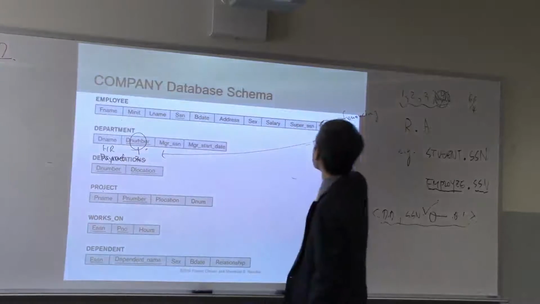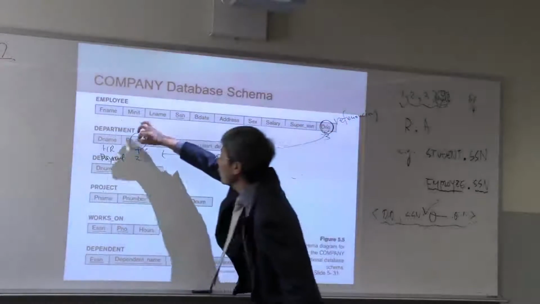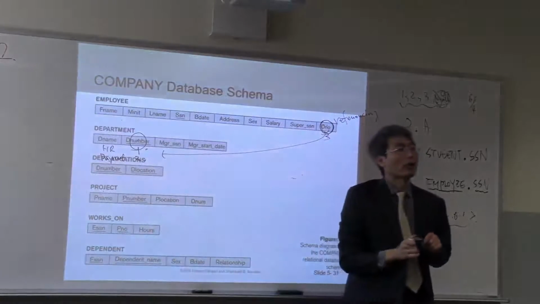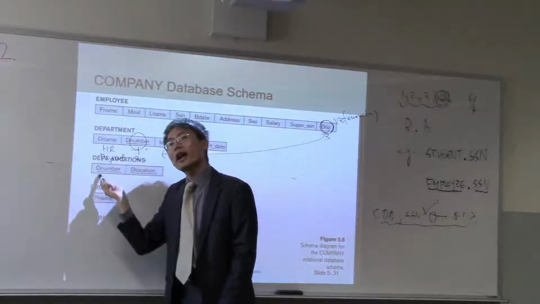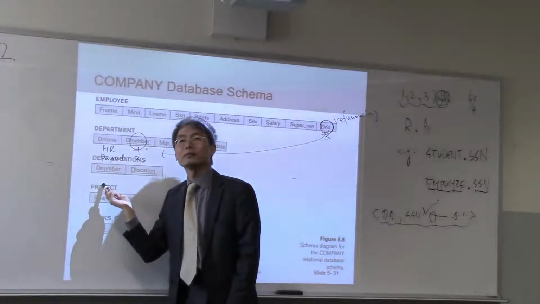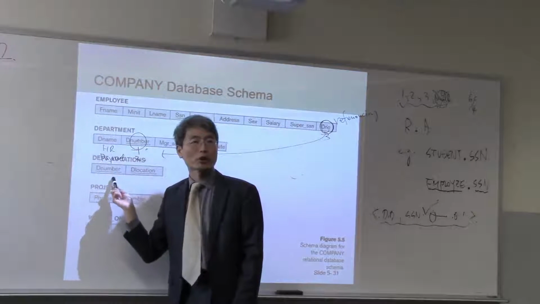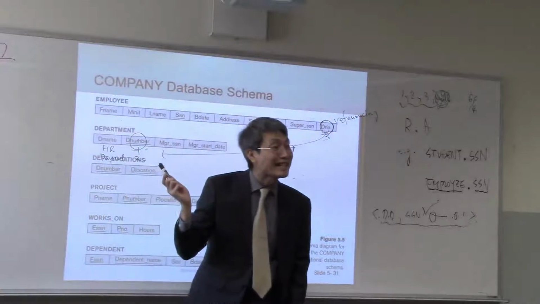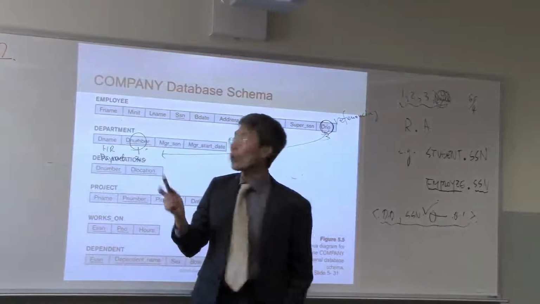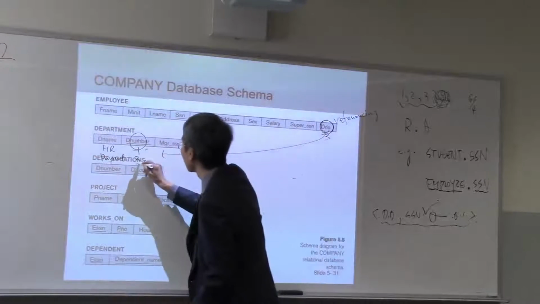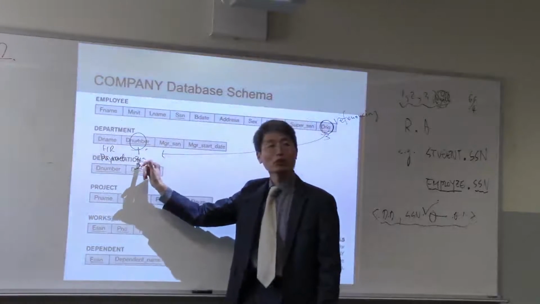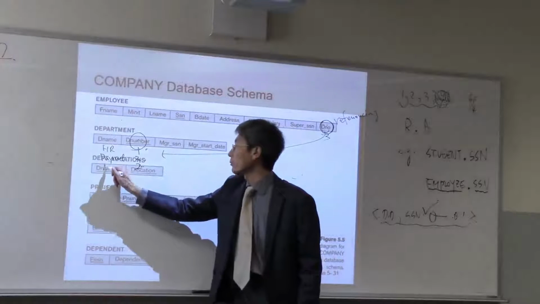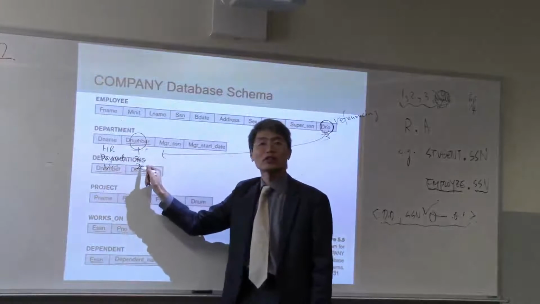This is called the referenced attribute. So this D number depends on D number in department. At that time, most of the time, the referenced attribute is what? Primary, or at least unique. Otherwise, if we have two of the same data, we don't know which one is which, right?